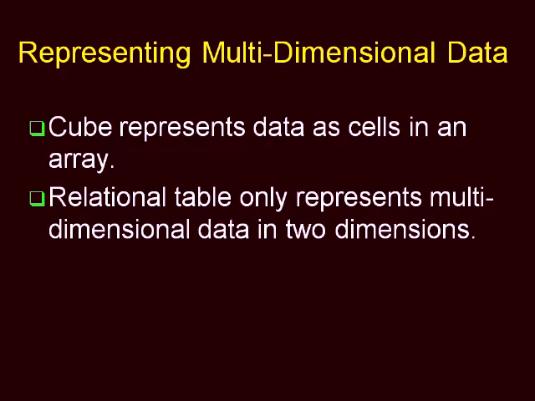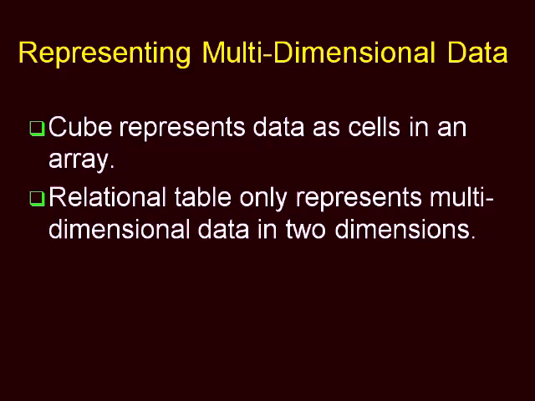To extend the discussion for your question, since this is an abstract concept, I would also like to extend the discussion by representing the data physically in both forms. For example, if you take a two-dimensional representation, a cube represents data as cells in an array, and a relational table, as you know, only represents multidimensional data in 2 dimensions.